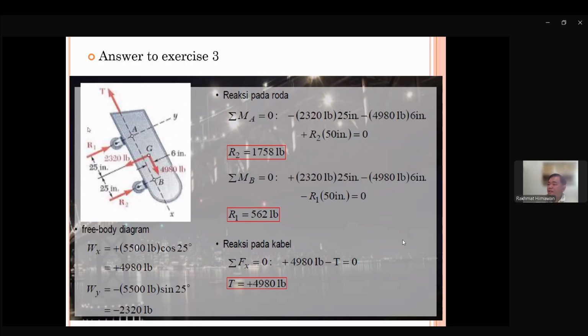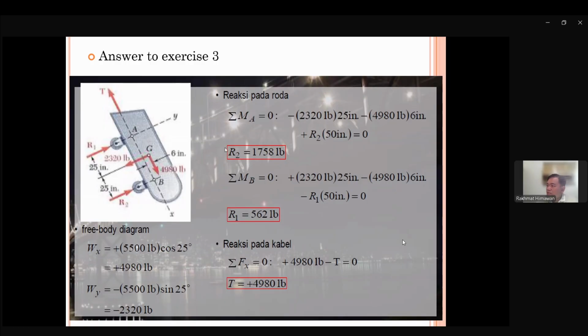Minus 2,320 pounds multiplied by 25 inch. And we have this 4,880 pounds, which has a 6-inch distance to point A, which is perpendicular to the force.